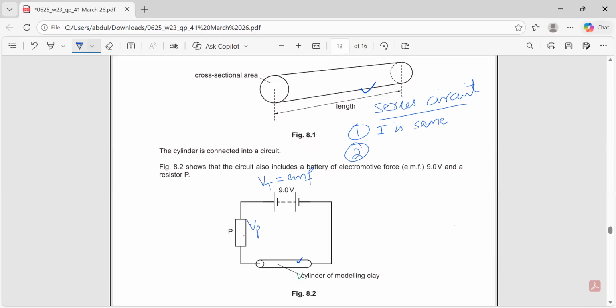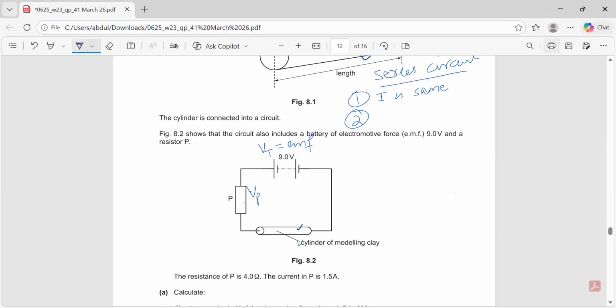No. For voltage, always capital V. Then voltage across modeling clay, we can put it VM. My dear sons and daughters, remember, V total is equal to VP plus VM. So total voltage is equal to the sum of the voltages. This is the second point.